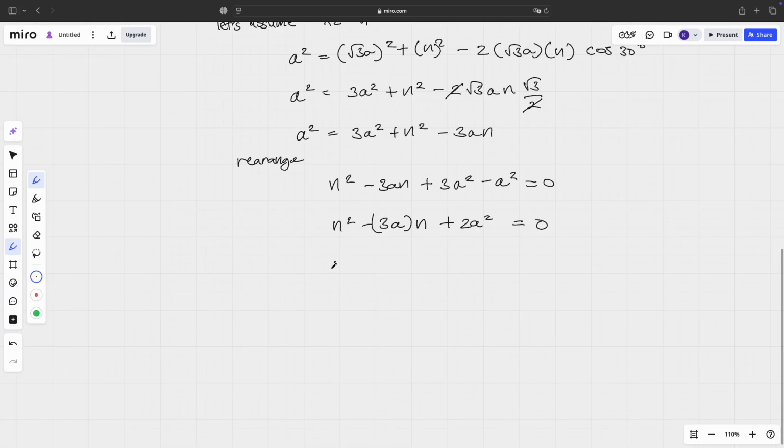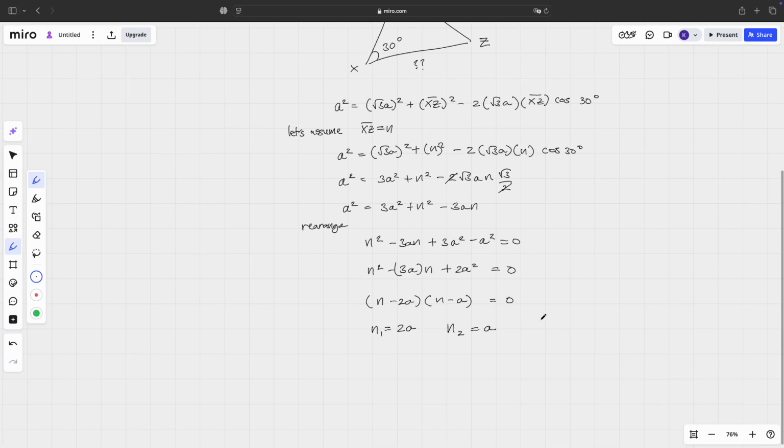So now, if you guys may have or may have not noticed, we have a quadratic equation, and we can turn this into n minus 2a times n minus a. So we have two solutions. The first solution for n is 2a, and our second solution over here is a.